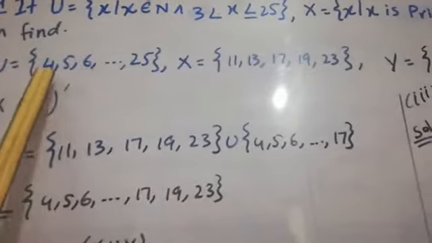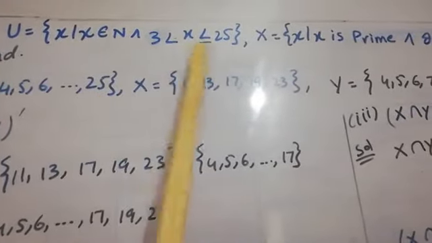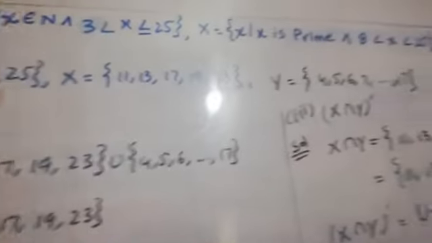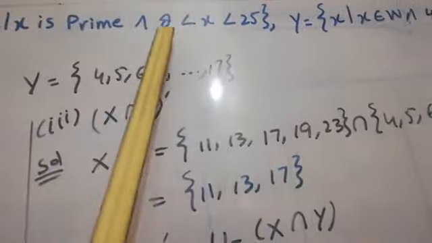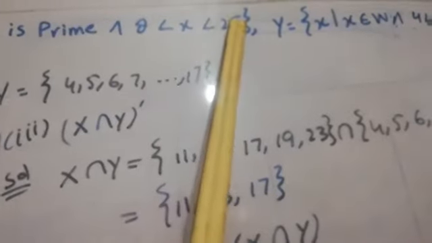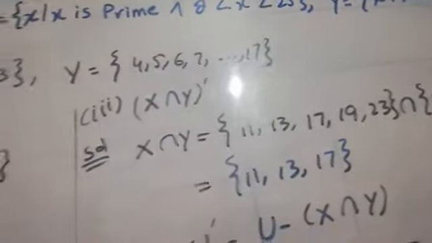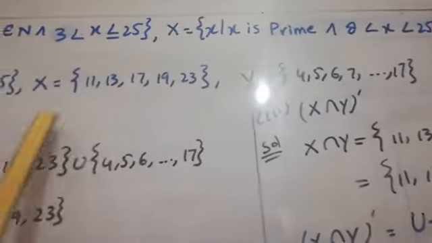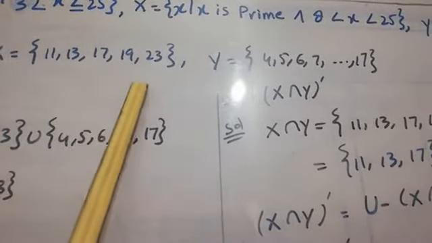So we will start the set from 4, 5, 6 up to so on, and the end is 25 because 25 is included. Second one is that x is a prime number and x is greater than 8 and less than 25. Here 25 is not included because the not equal sign is present here. So we will write the prime numbers between 8 and 25: 11, 13, 17, 19 and 23.